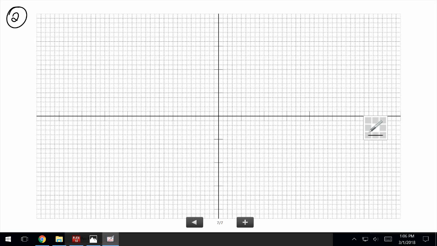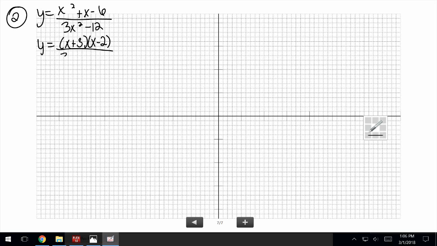Let's do one more. You got y equals x squared plus x minus 6 over 3x squared minus 12. So how's the top factor? X plus 3, x minus 2. Beautiful. All right. What about the bottom?